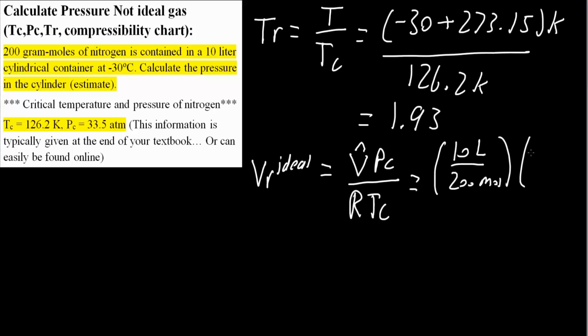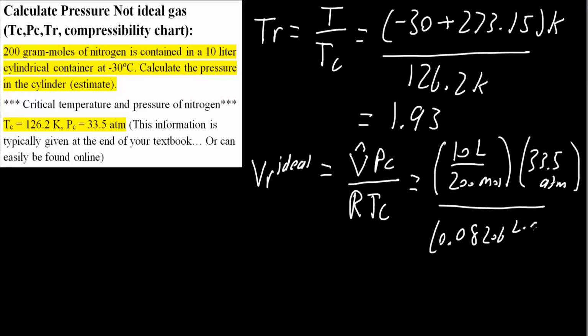PC is 33.5 ATMs, divided by R. R is 0.08206 L ATM divided by K mole, times TC.